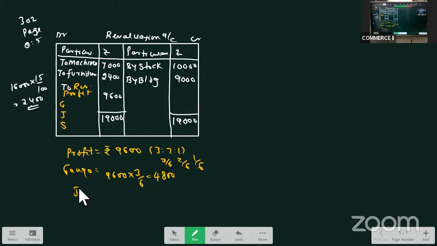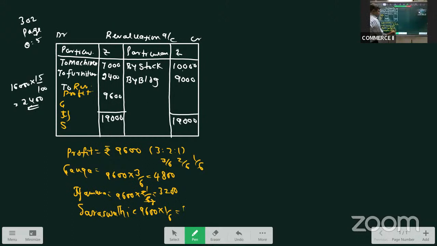Yamuna would get 9,600 into 2/6, that would be 3,200. And Saraswati would get 9,600 into 1/6, that is 1,600. This is how Ganga will get 4,800, Yamuna will get 3,200, and Saraswati will get 1,600.